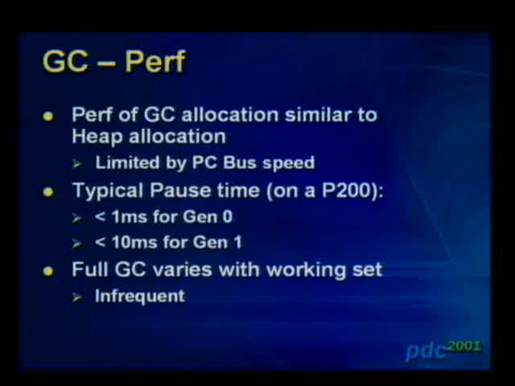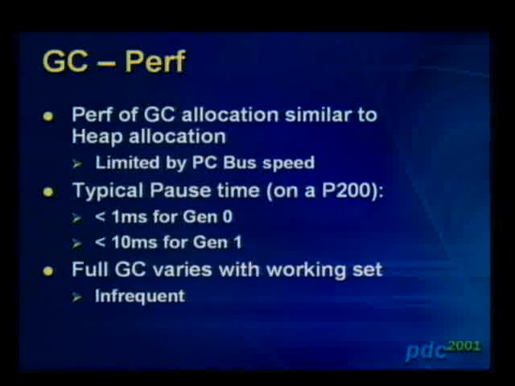And the pause times are very minimal, even on as low end as we get. By the way, the minimum configuration that we recommend is like a P133, and these are published in the documentation as well. It depends on whether you're running a server-side app or a client-side app and all the details of it. So the pause times are actually not that much. For a Gen 0 collection, it's less than a millisecond.